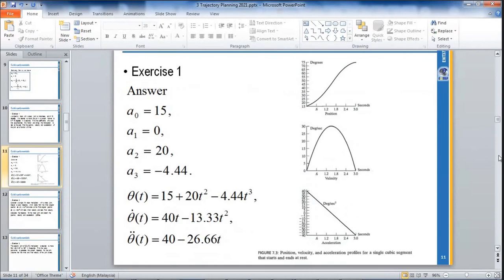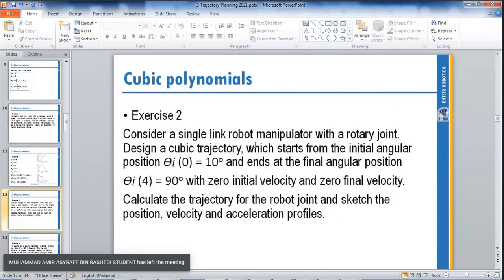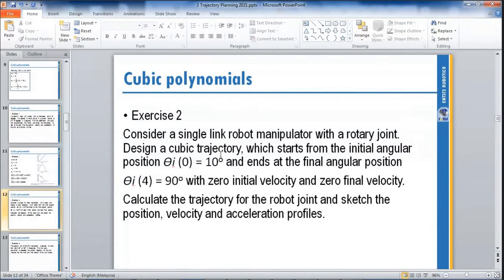Motionless means the start. Here, for starting, we call it initial. Initial also means starting position. Final angular means the final point.